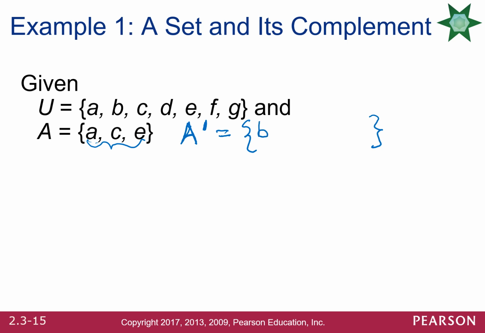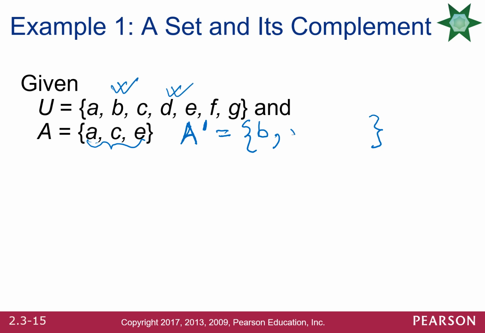So we have B, and then we see there's a C, but C also belongs in A, so we cannot put that in the complement. Let's go to the next one. D in the universal set does not belong in A, so yes, this is one.